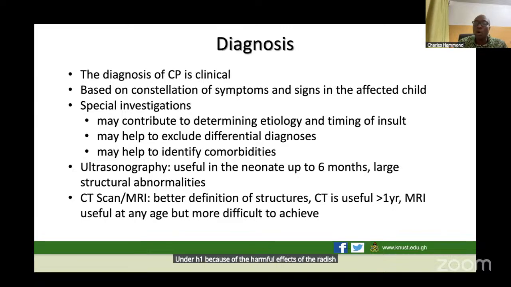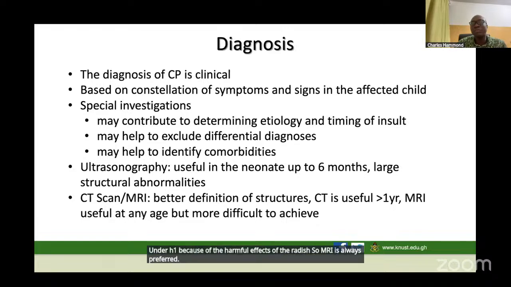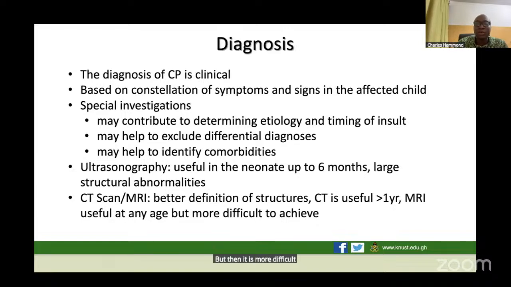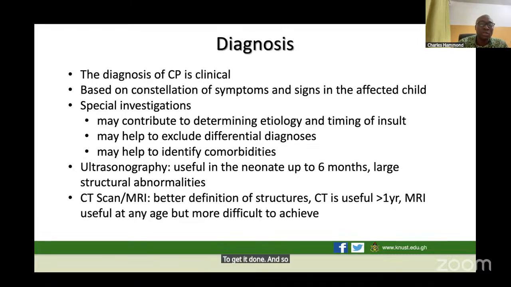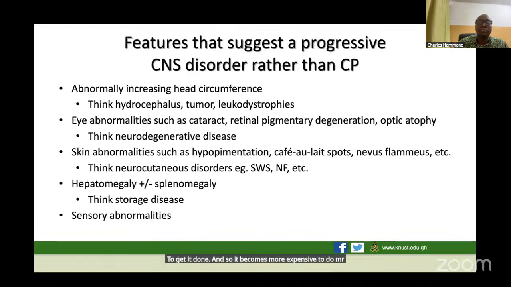So MRI is always preferred, but then it is more difficult to achieve. In our part of the world, we don't have MRI in many places. And even in places where you have the MRI, because these children will require anesthesia, it's not so easy to get it done. And so it becomes more expensive to do MRI for them.